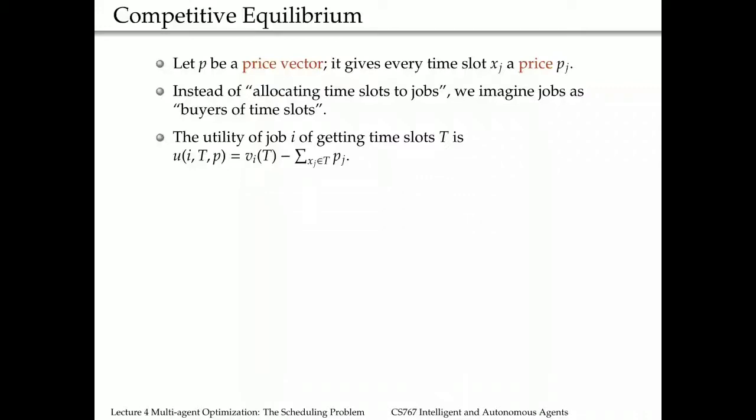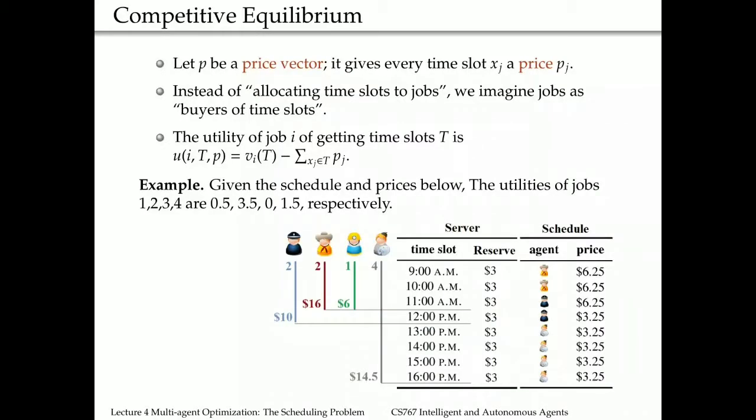And of course, the time slots may have different prices. And instead of allocating time slots to jobs, we imagine jobs as buyers of time slots. The utility of the ith job of getting time slots t will be equal to the local reward that job i receives from these time slots t, take away the sum of the prices that it needs to pay for these time slots. So that's the utility, right? That's almost the same as the assignment problem.